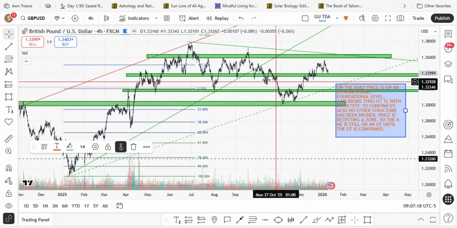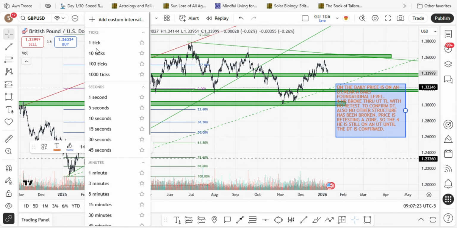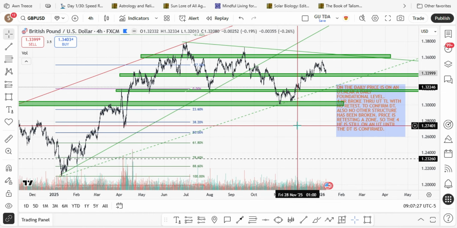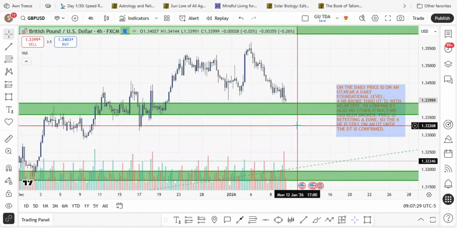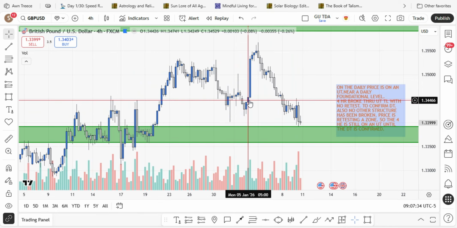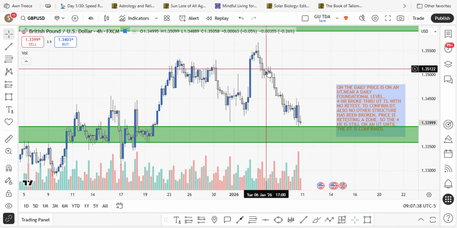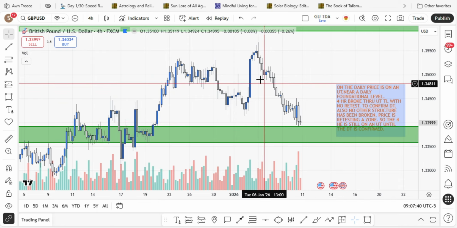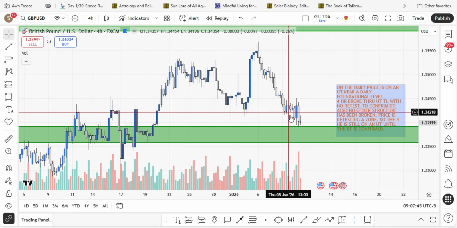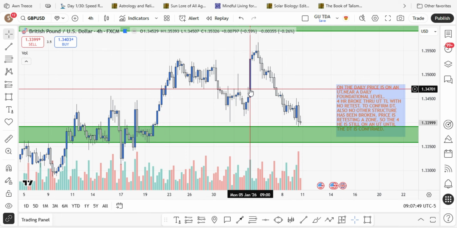Okay, so let's go to the 1 hour. Wait. What else is going on with the 4 hours? Look at these candlesticks. Bullish, bullish. That is bearish, but it's not aggressive like this is.